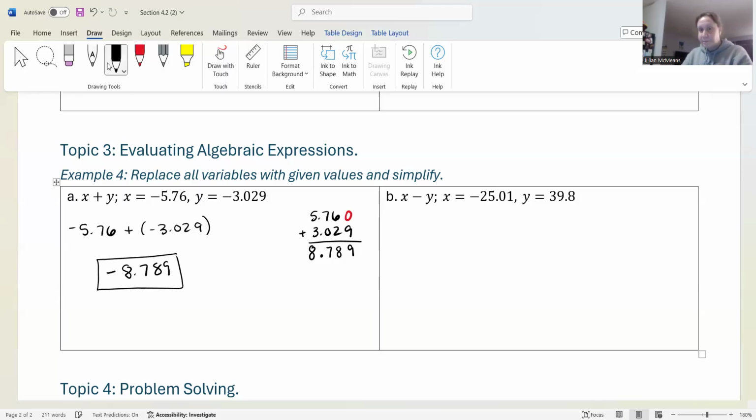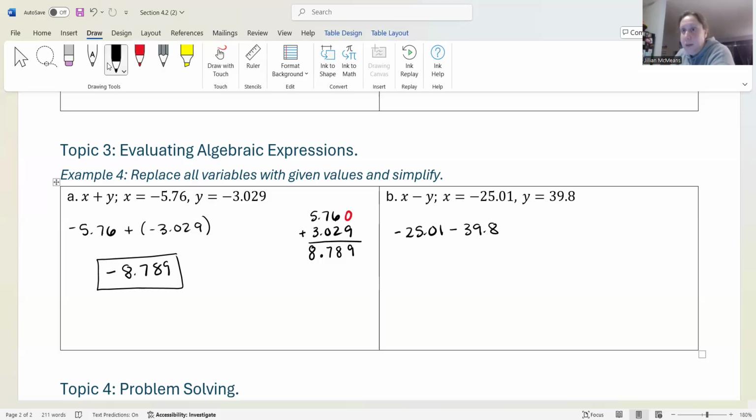Okay? Now for part B, we're subtracting. We have x minus y. So x is negative 25.01 and y is positive 39.8. So let's rewrite this expression, replacing x and y with their given values. So x is negative 25.01. From that, I want to subtract y, which is 39.8.